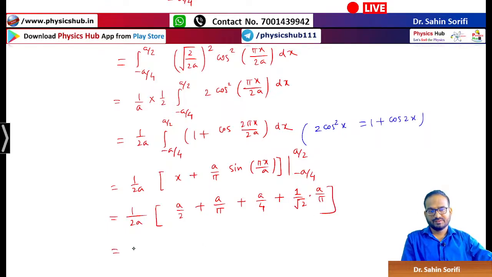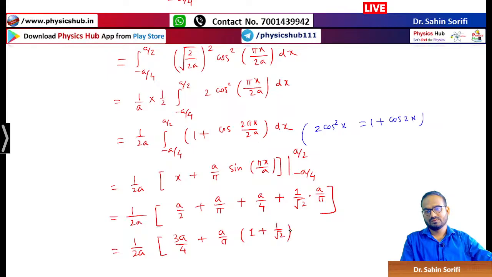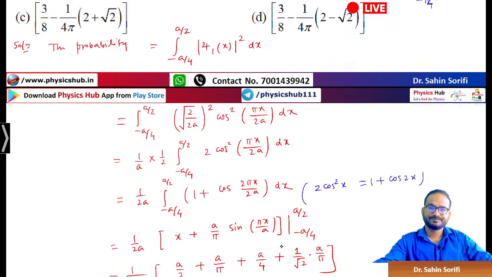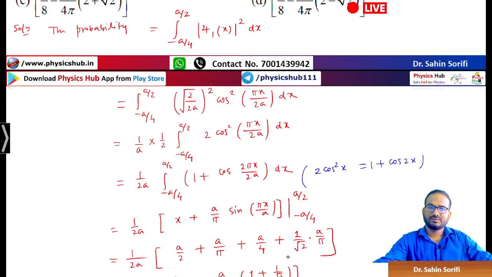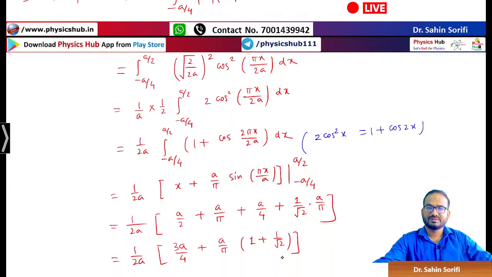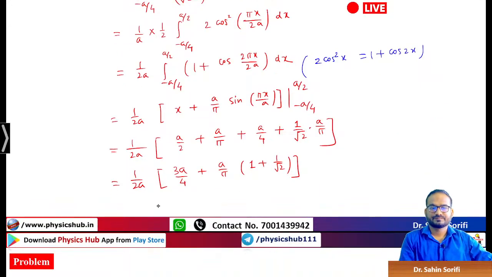So it is 1 by 2a, a by 2 plus a by 4, so it is 2a by 4 plus a by 4, so 3a by 4, plus, if I take a by pi common, you get 1 plus 1 by root 2. Is it matching with any of the options? Not yet, but hopefully it will match. Let's multiply. So a gets cancelled, so this is 3 by 8 plus, a gets cancelled, 1 by 2 pi.